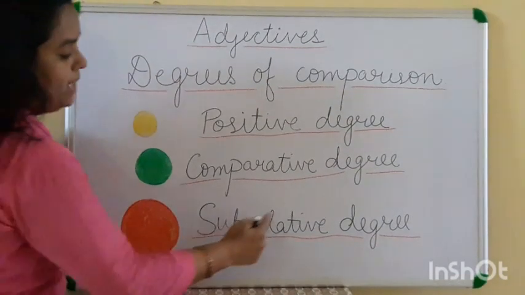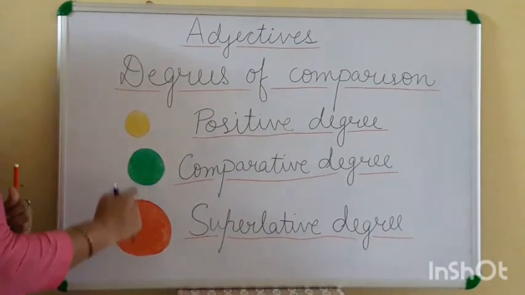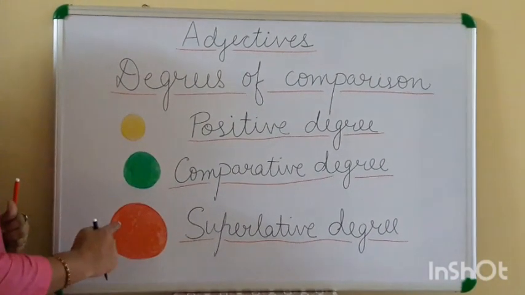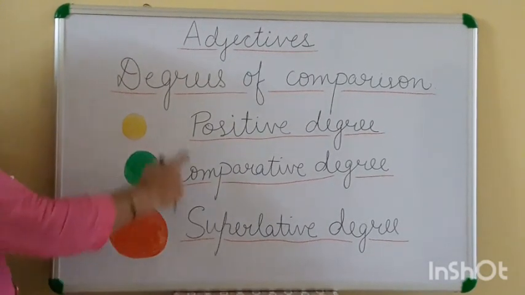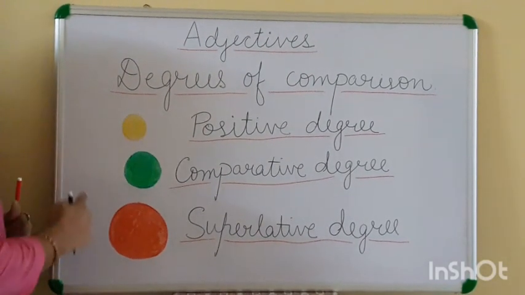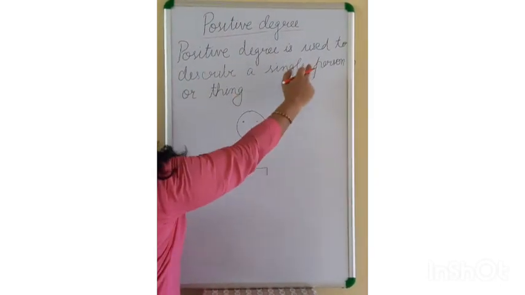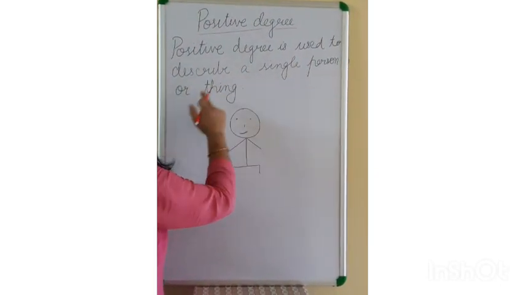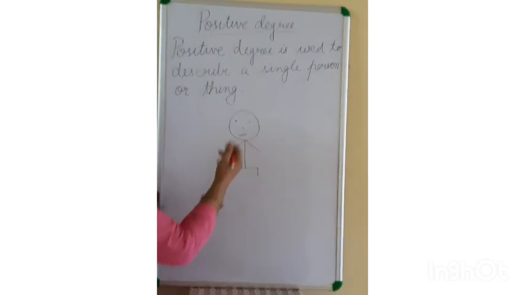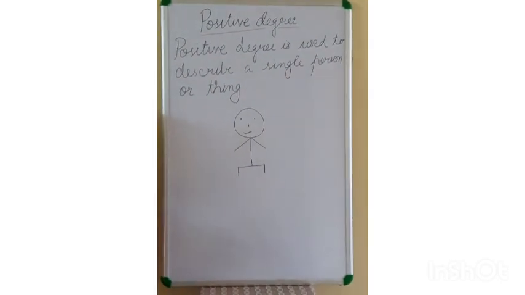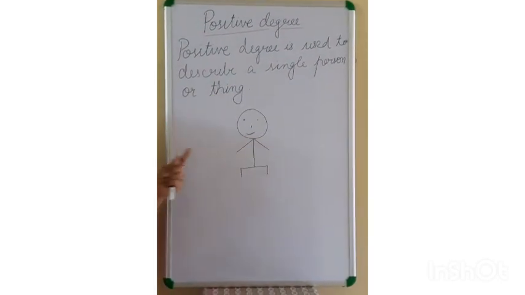And we use superlative degree of comparison when we are comparing the object or a person with all other lot. Positive degree is used to describe a single person or thing. Now when we are talking about a single person or thing, we use positive degree.